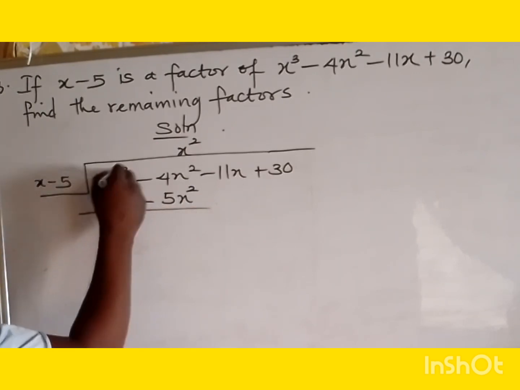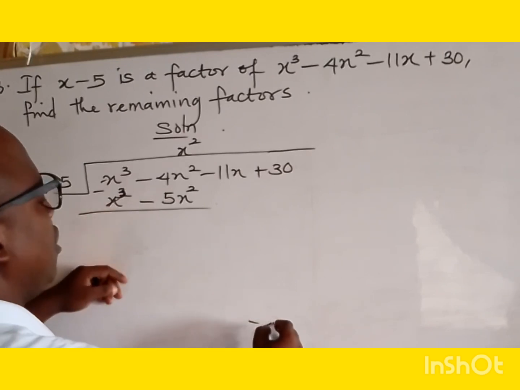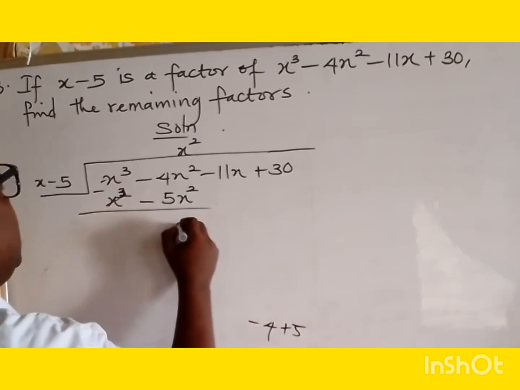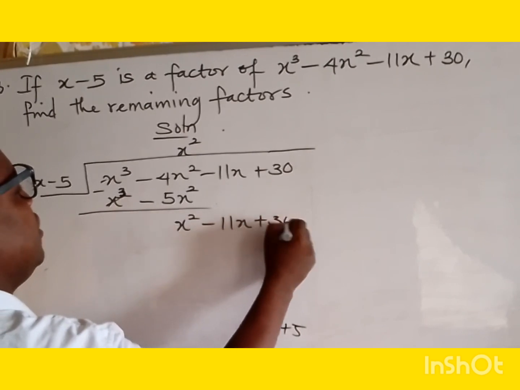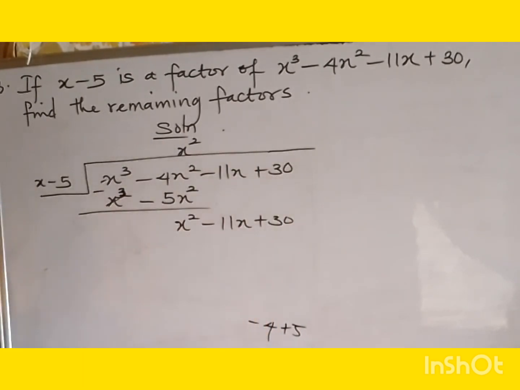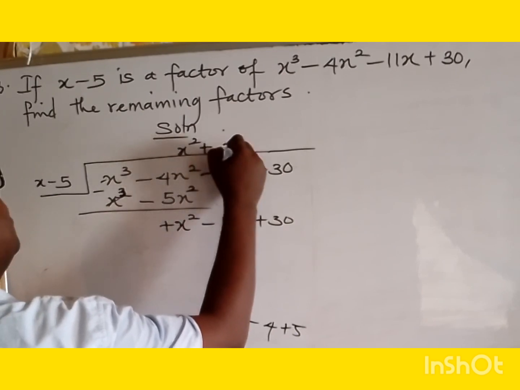When you subtract, this one will be eliminated, and here we are going to have minus 4 plus 5. That will give us x squared minus 11x plus 30. Just take these two down, minus 11x and 30. Then divide the first term by this again. We are going to have plus x.